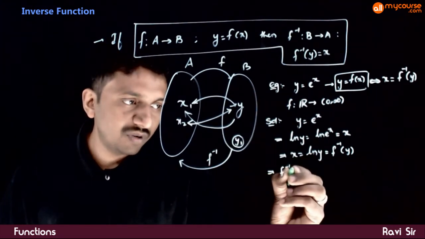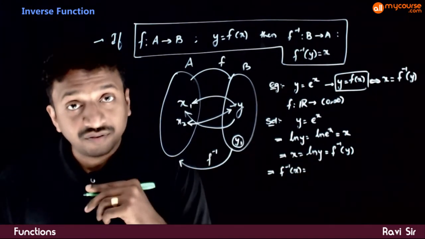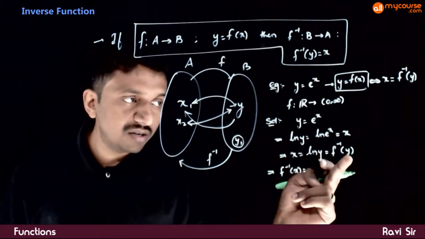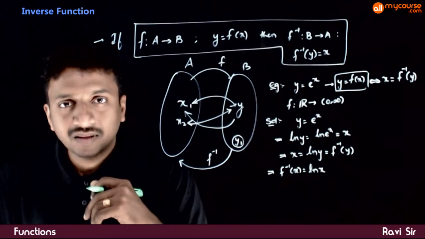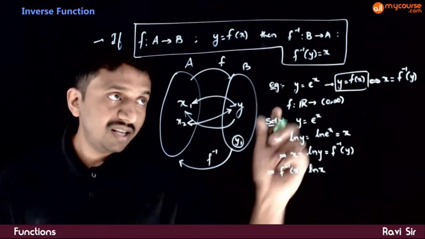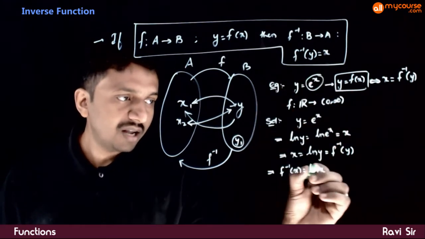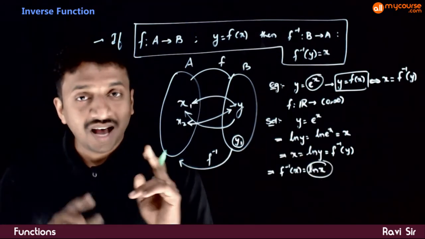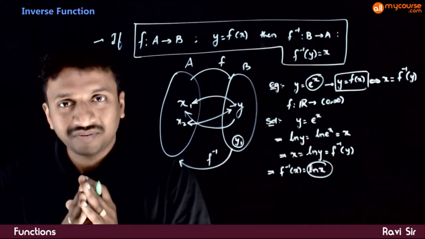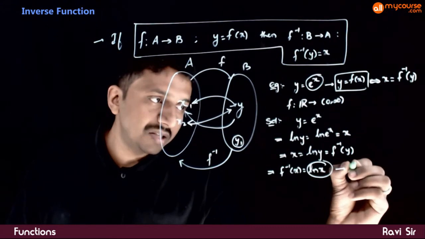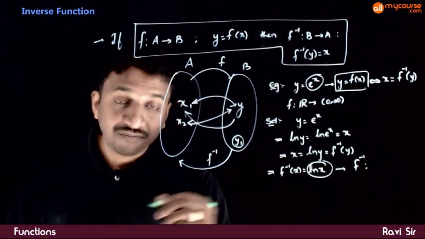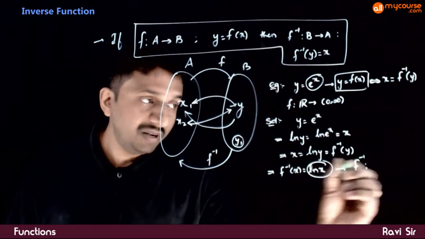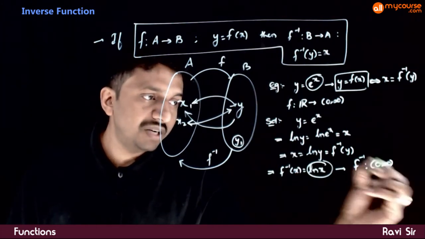So what is f inverse of x? If you want f inverse of x finally, you just need to substitute y with x. That is ln x. As you can see, the exponential function and the logarithmic function are inverses of one another. You can also see that this f inverse is a function defined from open 0 to infinity.